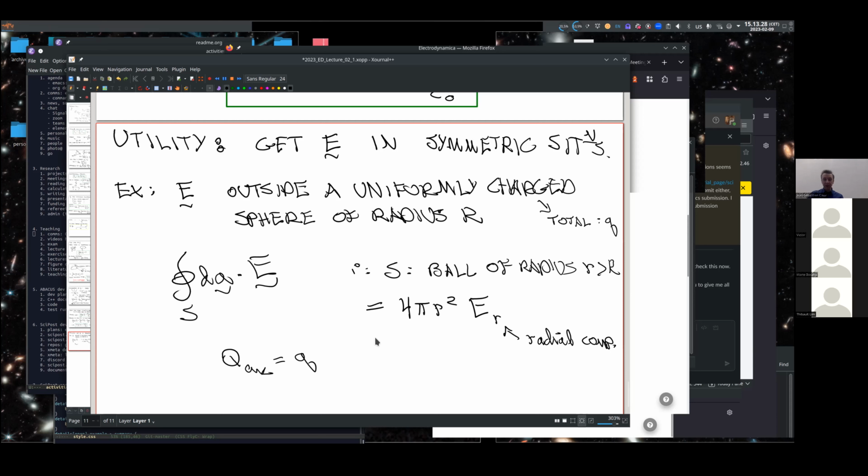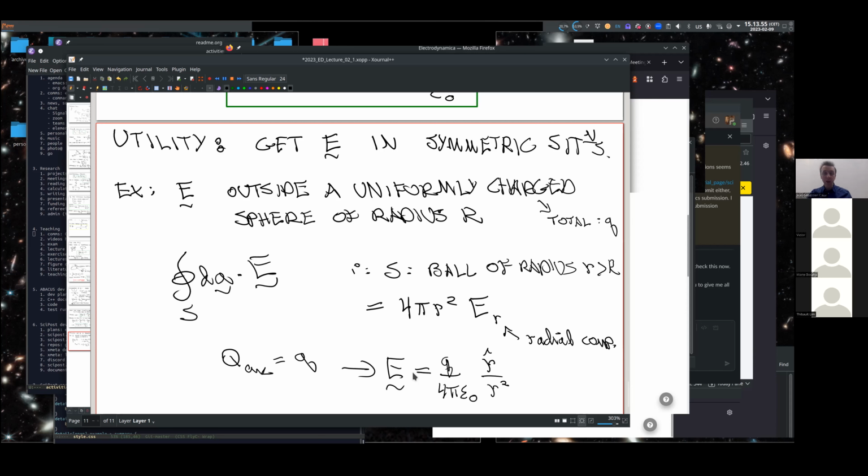And you see that immediately tells you that the E that you measure outside is just 1 over 4 pi epsilon 0, in the radial direction r hat. It has a 1 over r squared dependence and is proportional to Q. That's it. So superbly economical.